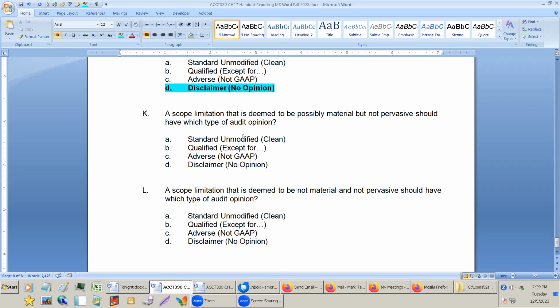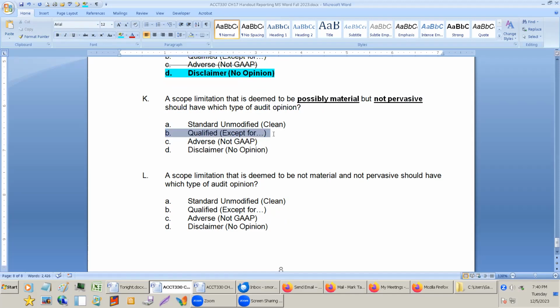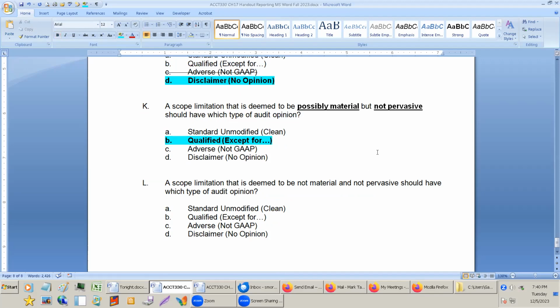Okay, now this is where it gets a little bit interesting. Something that's possibly material, but not pervasive. This is something you should consider giving a qualified opinion for. A qualified opinion is actually better than a disclaimer.